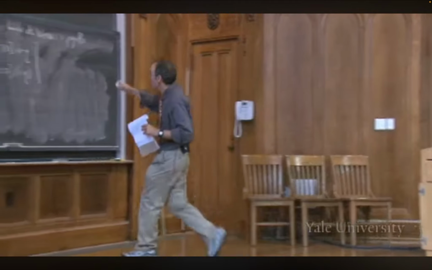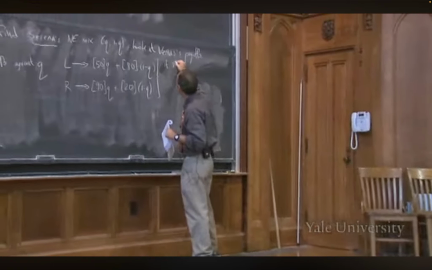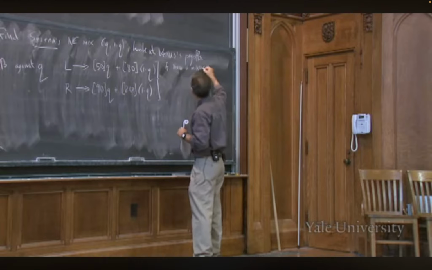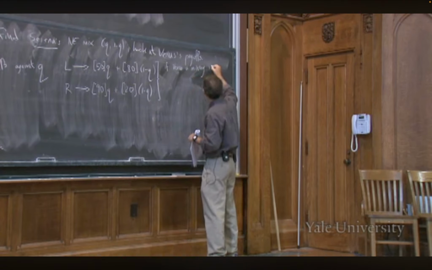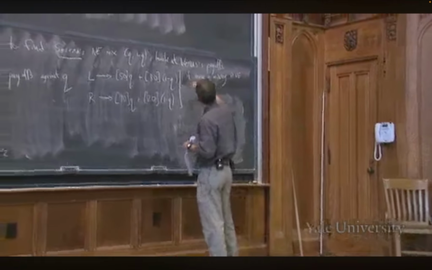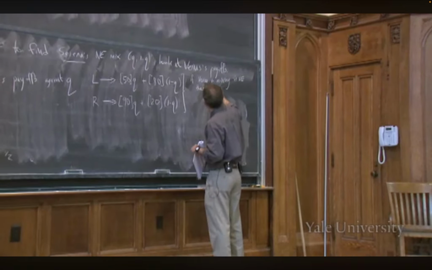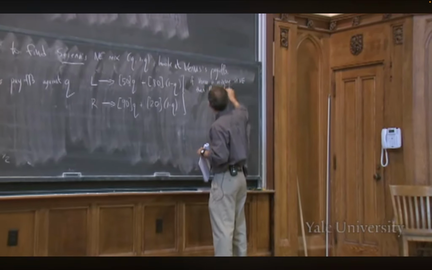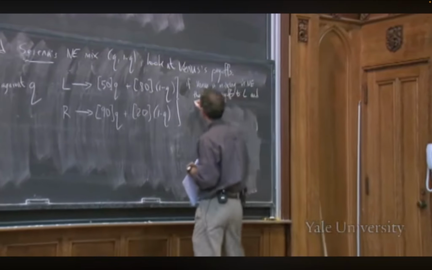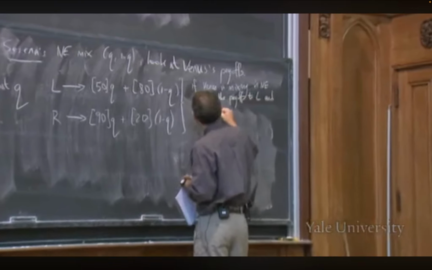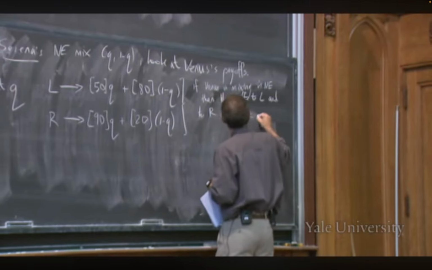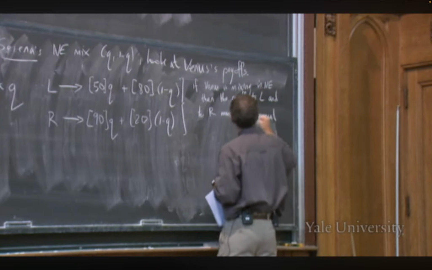So if Venus is mixing in this Nash equilibrium, then the payoff to left and to right must be equal.